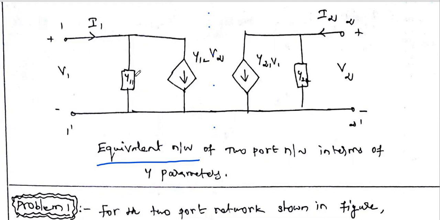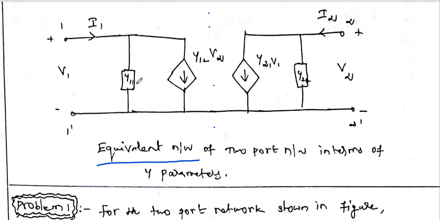Similarly, the second equation is I2 equal to Y22 into V2 plus Y21 into V1. This is represented with the input port 1 dash, where the input current is I1.